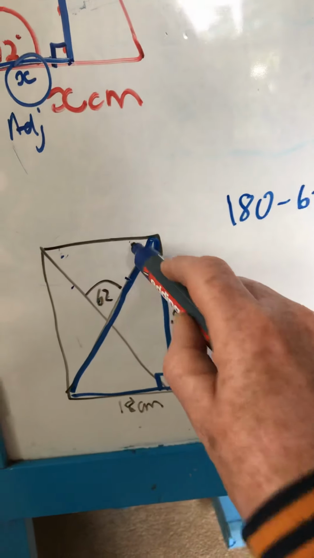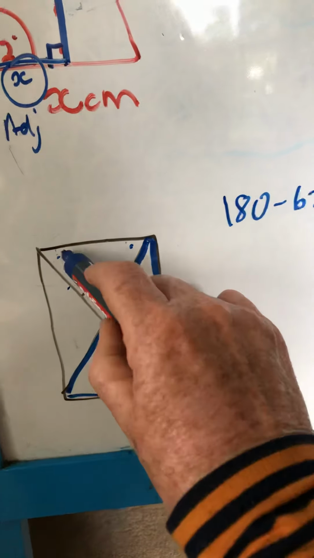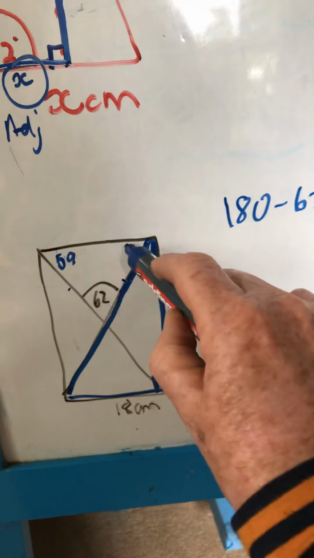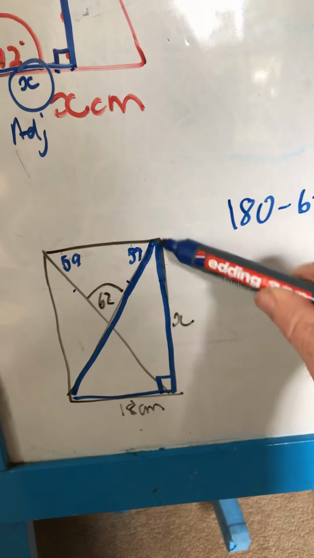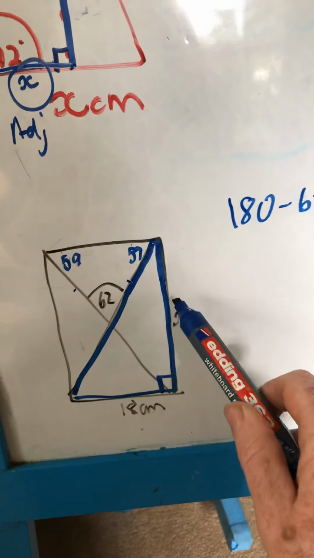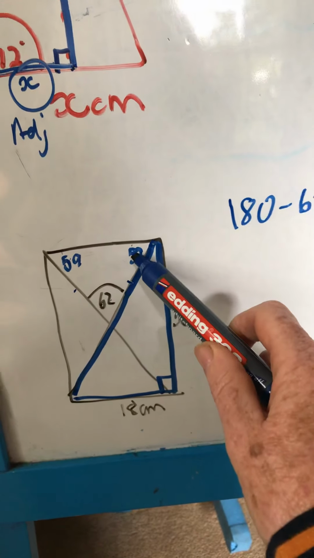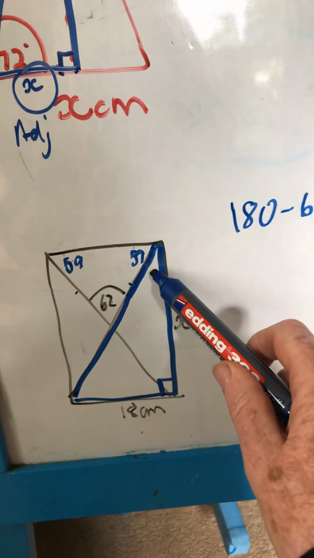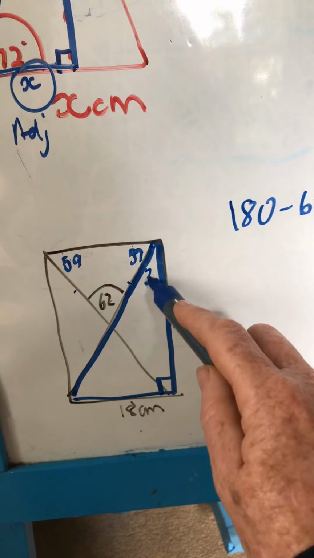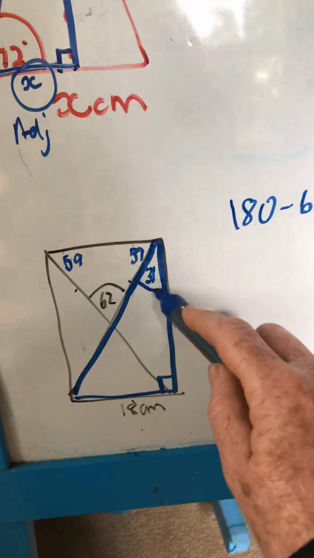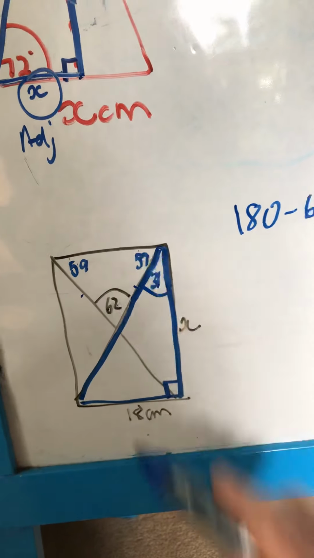So these two angles have to make 118, so that's 59 degrees for each of these. Now if that's a right angle there, because it's a rectangle, and this one's 59, how big has this angle got to be? 59 and 1 makes 60, so it's got to be 31, to make up the 90-degree angle of the corner.